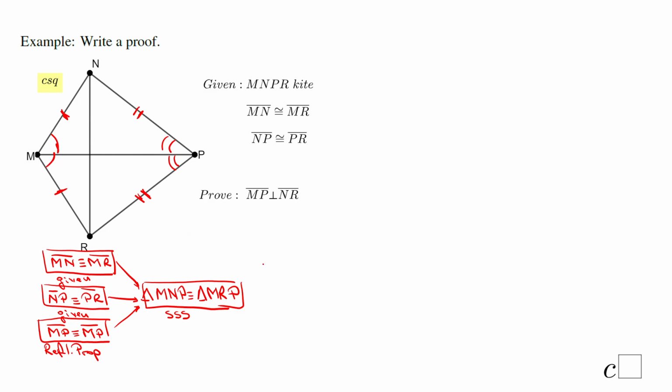So I'm going to say, therefore, angle NMP congruent to angle, let's be consistent, RMP. And that will be because corresponding parts of congruent triangles are congruent, CPCTC.